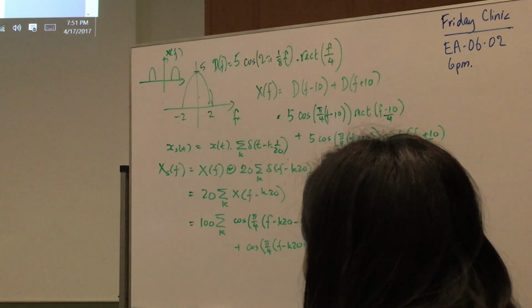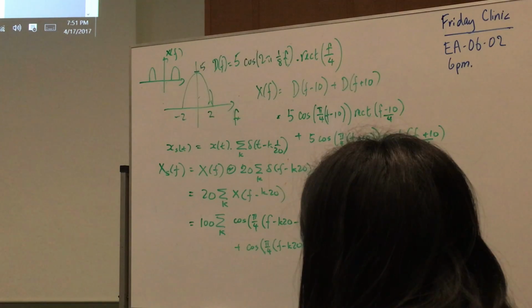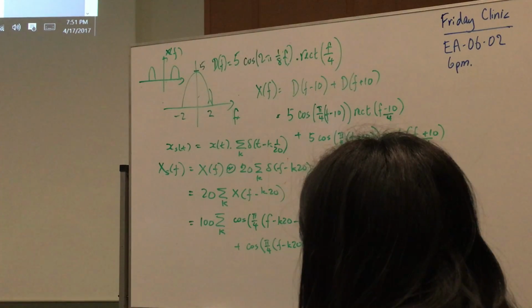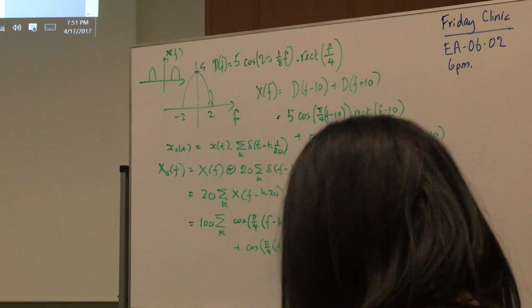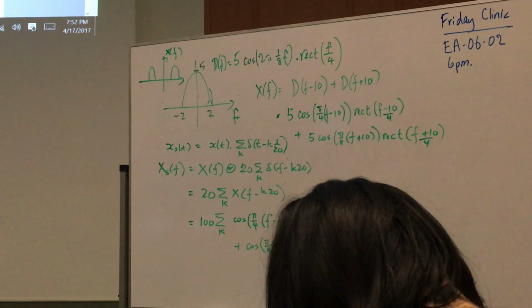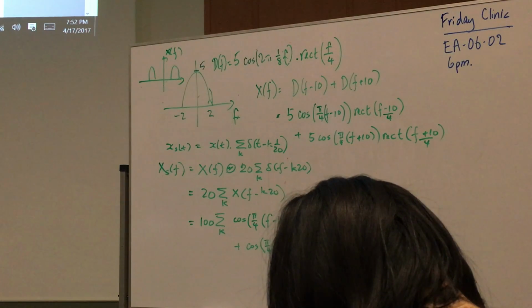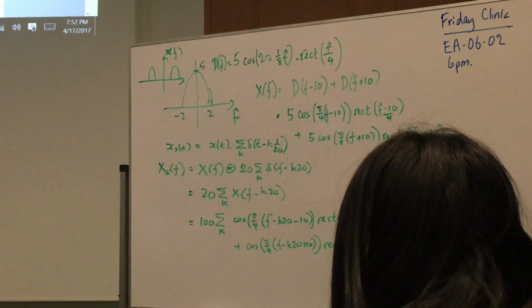If you keep doing that, all the humps, centered at 0, centered at 20, centered at 40, and so on, will be doubled up because they overlap. Correct? They will overlap.